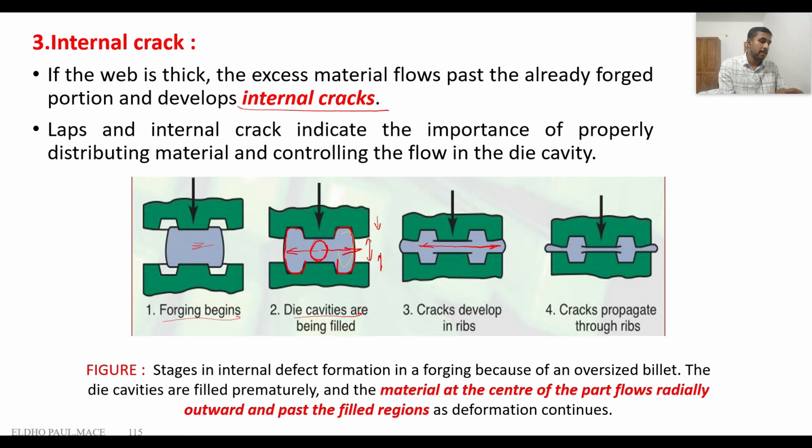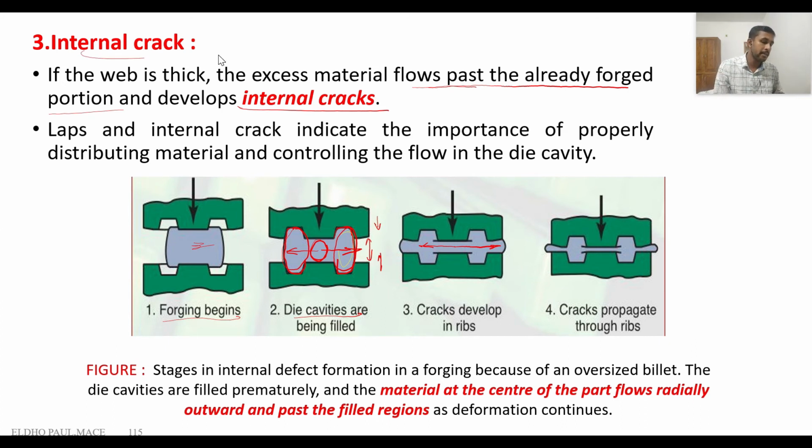If the web thickness is very large, the excess material from the web region flows past the already forged portion. So the center region material in the web area flows through the already forged region, and this metal flow leads to a crack that is called an internal crack.